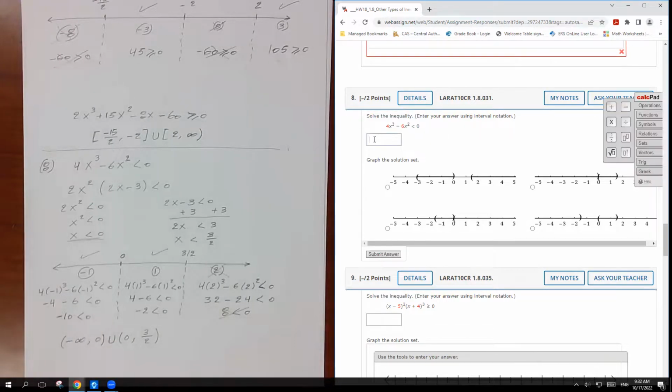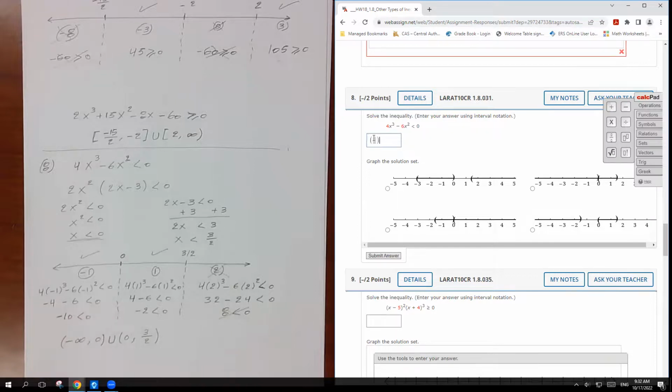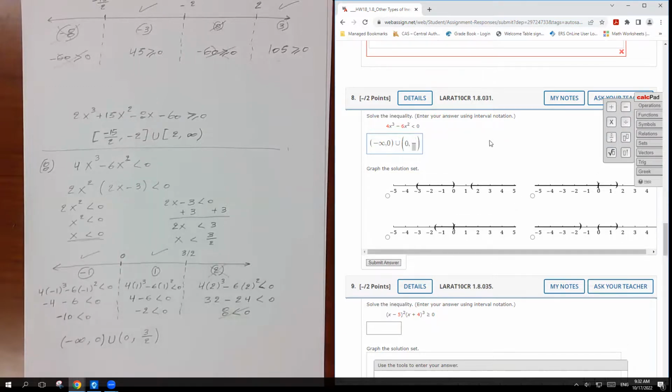So we're going to type here 2 parentheses from -infinity comma to 0. And we're going to put here union from 0 comma to the number 3 over 2, which is 3 divided by 2.